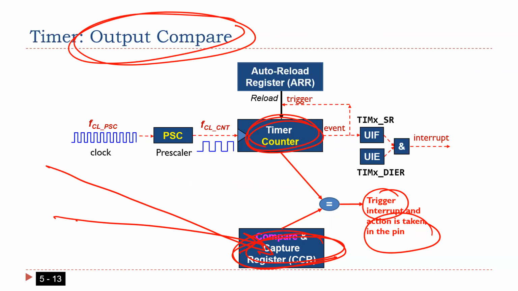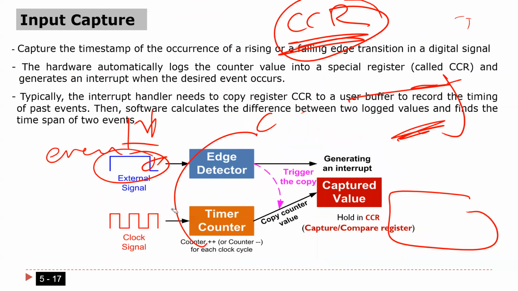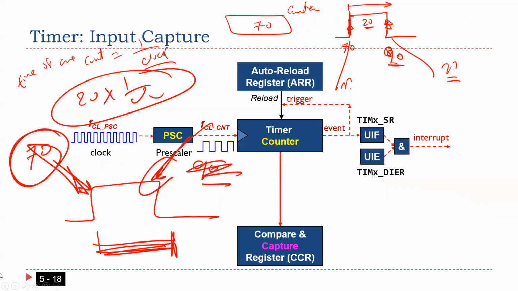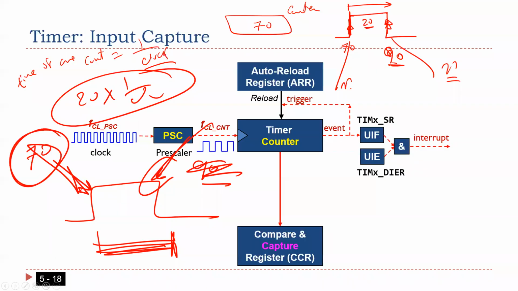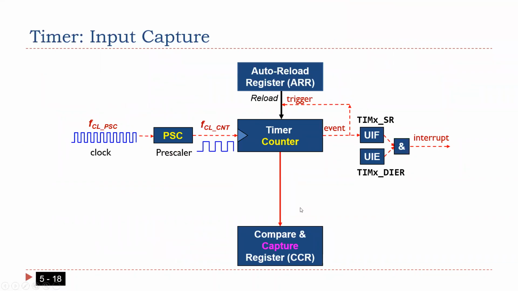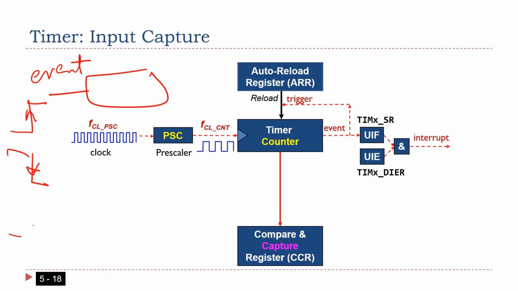Output compare, the story is a little bit different, okay? As I'm explaining here, every time there is an event, and you can program what you mean by event, you want to capture only rising, only falling, or both, the hardware automatically takes the current count and stores it in CCR.